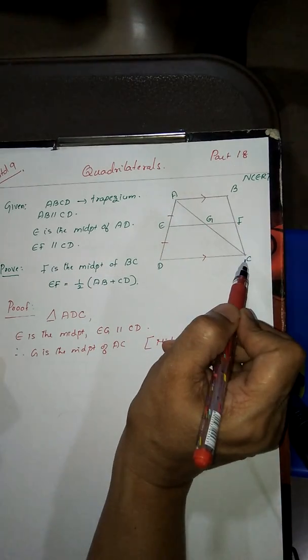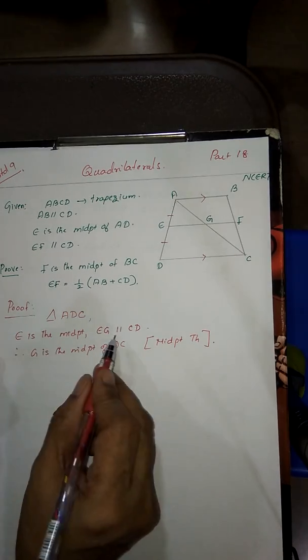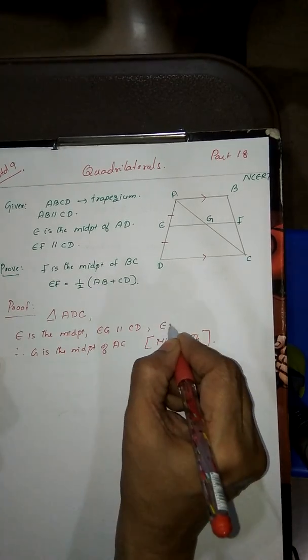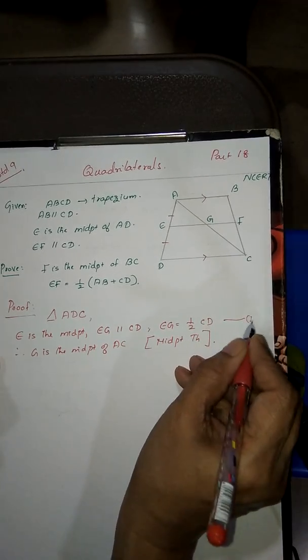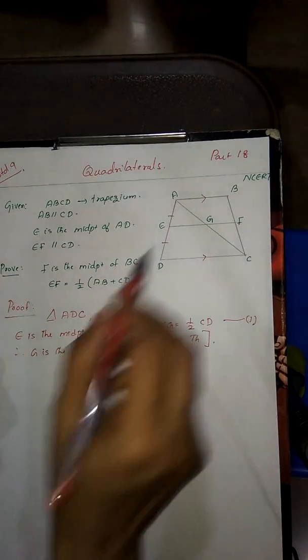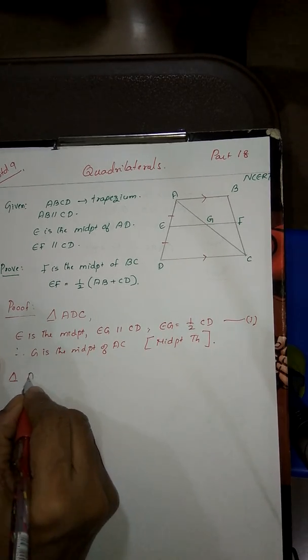Now we will consider the triangle, and also EG is parallel to CD and EG is equal to half of CD. So this is one. Now consider the triangle ABC.